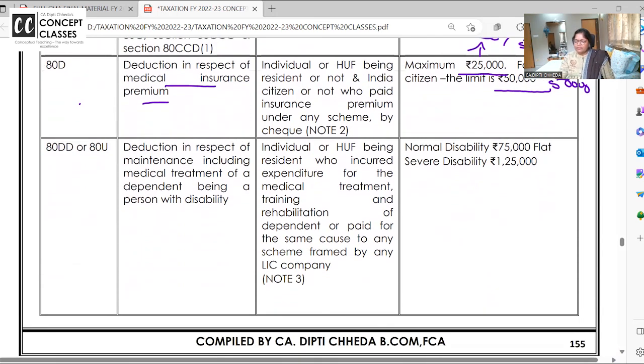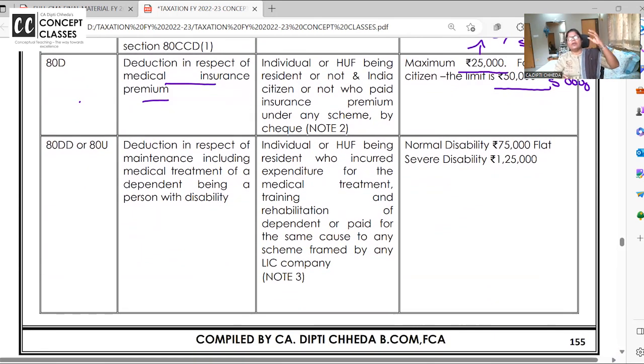Now, if someone is handicapped, blind, some ortho issue or hearing problem or unsound mind, whatever it is, you have to obtain a certificate from a doctor and you get a flat deduction under 80DD if you are taking care of the medical treatment of a disabled person. So if you are taking care, flat 75,000 deduction, and if it is severe disability, 1,25,000 deduction.